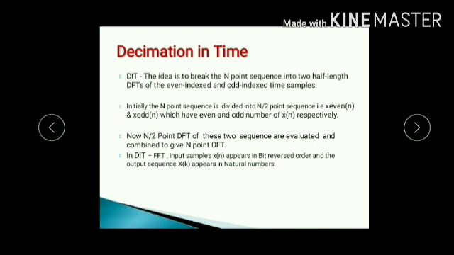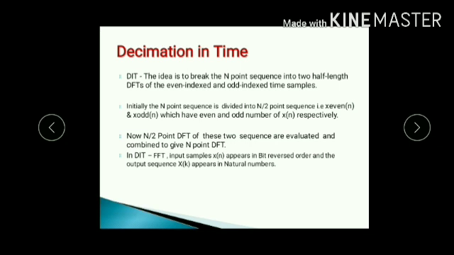Initially, the N-point sequence is divided into N by 2 point sequences, that is x even of n and x odd of n, which have the even and odd samples of x of n respectively. We will see the structure in the next slide. Now, N by 2 point DFTs of these two sequences are evaluated and combined to give an N-point DFT.